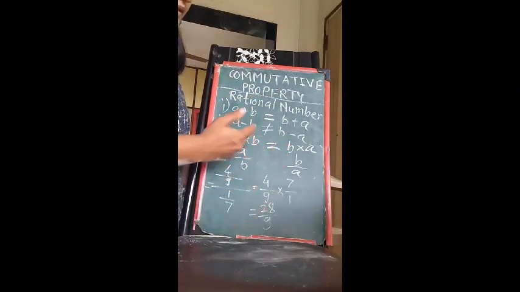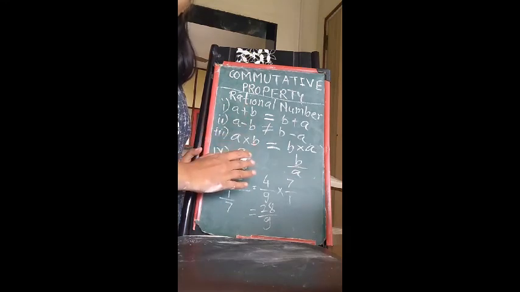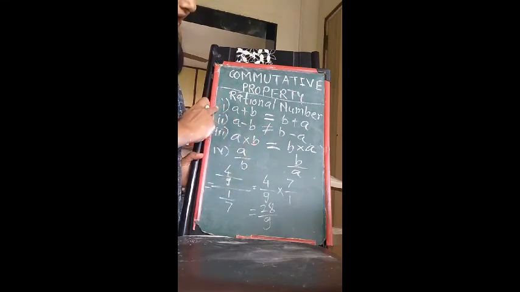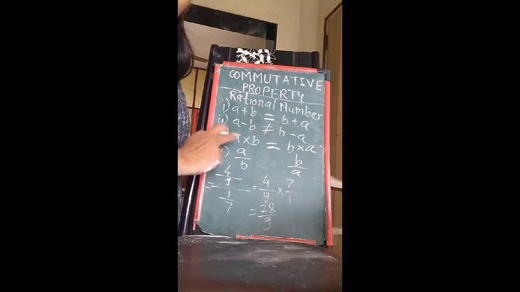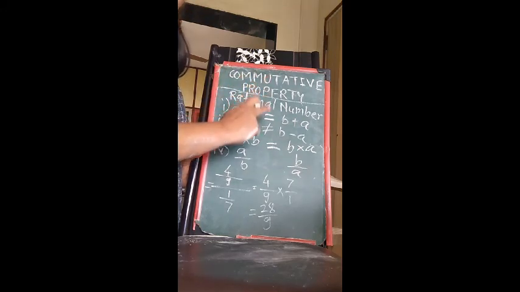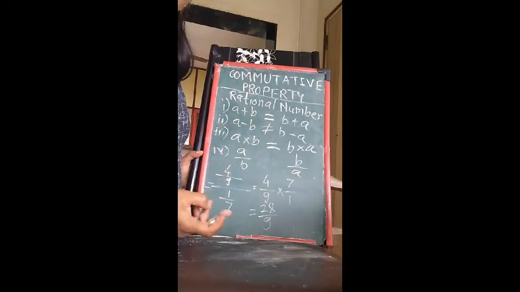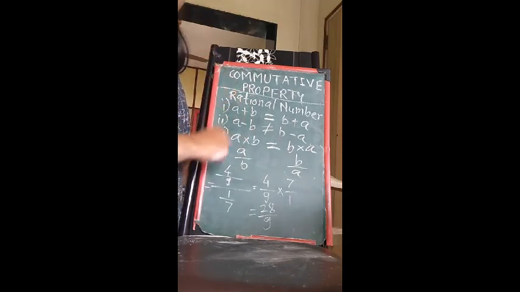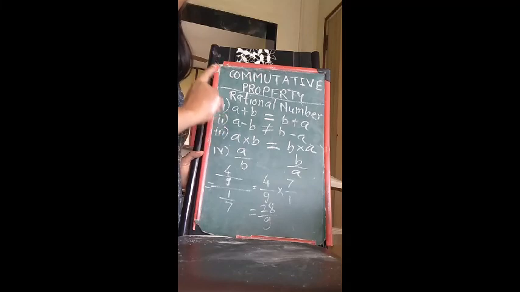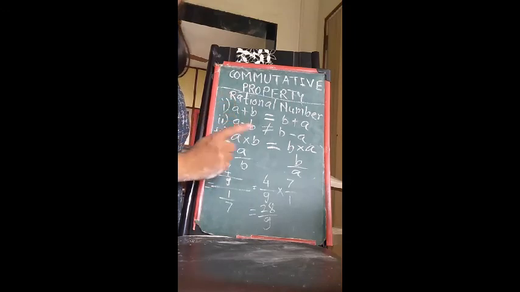Before that, now there is homework for you. As I have said, for addition, subtraction, multiplication and division, we have already seen the commutative property for whole numbers, integers and rational numbers. I have given you one example for each, and again you have to take and solve one example for each of addition, subtraction, multiplication and division for whole numbers, integers and rational numbers.